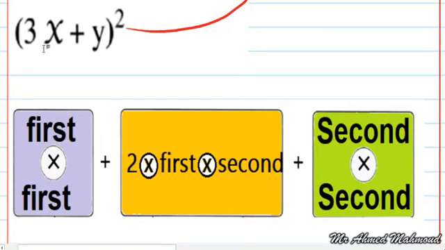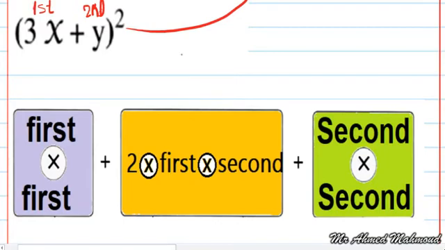When I say first, I mean 3x, this is the first term, and when I say second, I mean y. Then 3x is the first and y is the second. Let's solve this one by using this rule.